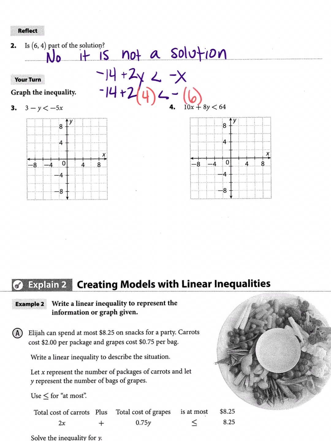All right, so 2 times 4 is 8, and that would be negative 6. Well, negative 14 plus 8 is negative 6, but negative 6 is not less than negative 6. So it would only be part of the solution if it had the less than or equal to symbol. But because it does not, it is not part of the solution set.